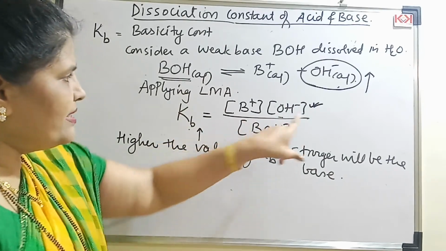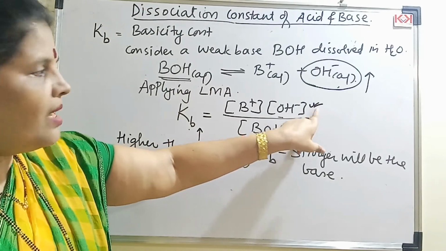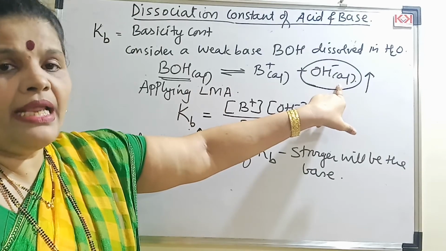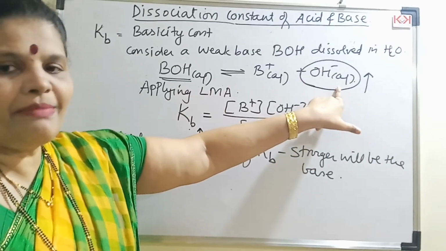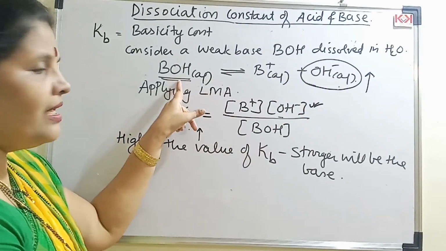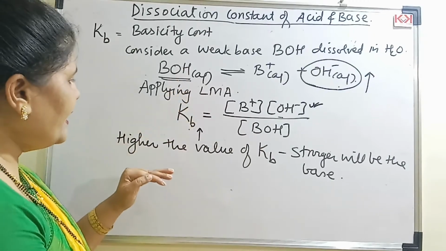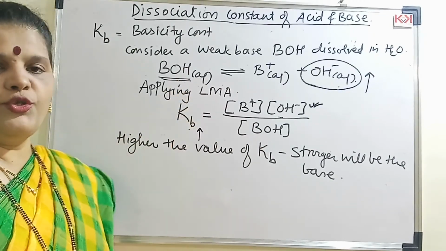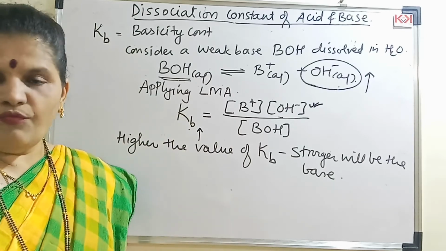On the same basis, if I say this value will be low, it means this concentration should be less, and this will come out in a very small amount. And when the OH minus will be less, it means this is a weak electrolyte. So depending upon the value of Kb, you can say which base is stronger and which base is weaker.